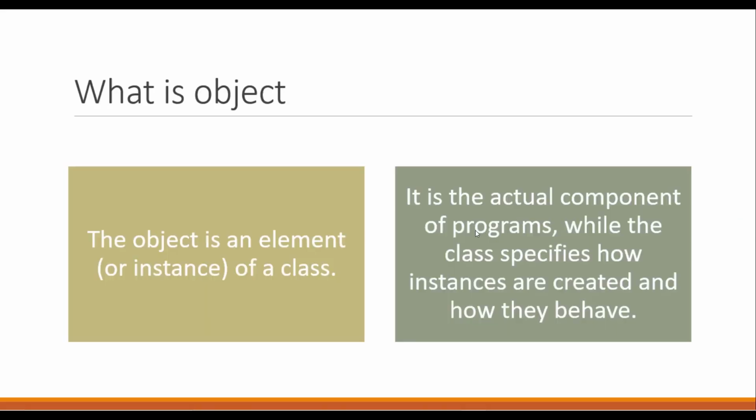Now we will understand what objects are. Basically, an object is an element or an instance of a class, or you can say it is the actual component of a program, while the class specifies how instances are created and how they behave. With the help of an example, I will try to explain.